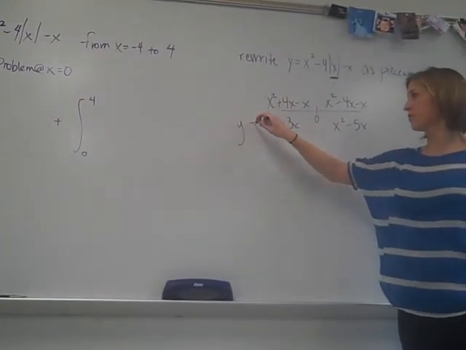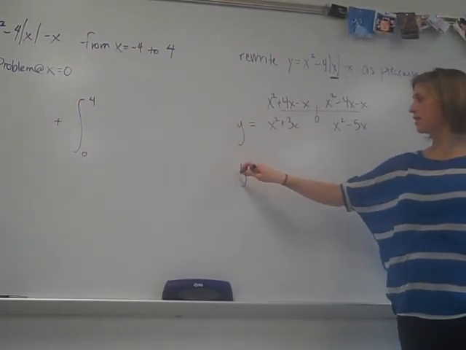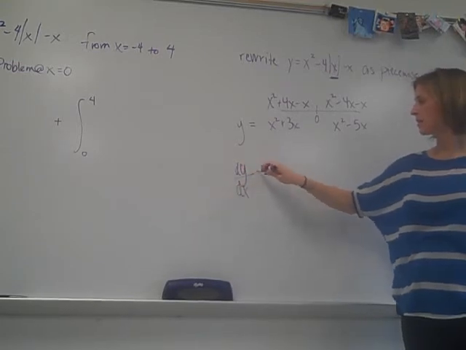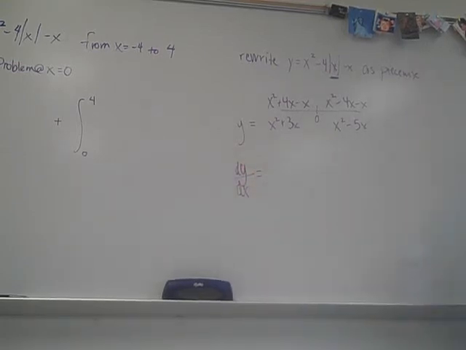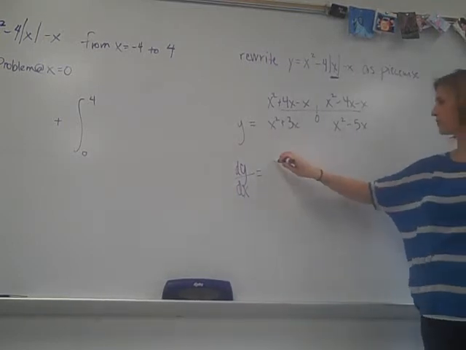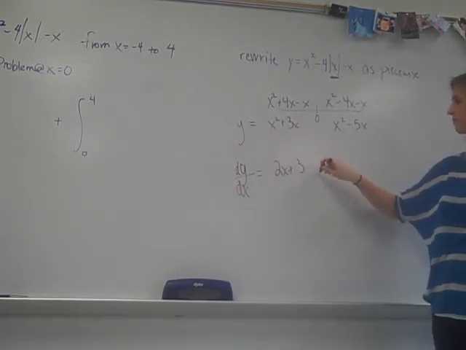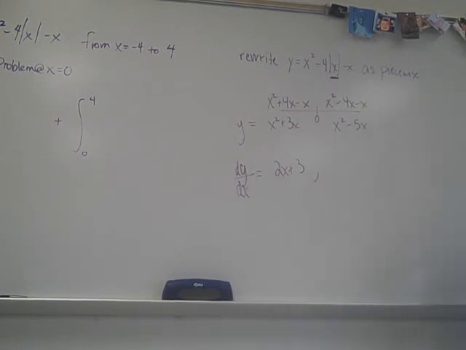Okay, so this is y equals, well, I don't need that for the formula, I need dy dx. So I can take the derivative of each of them separately. When x is less than 0, the derivative is going to be 2x plus 3. And when x is greater than 0, the derivative will be 2x minus 5. Now I'm going to follow the formula and put them into their pieces back over here.